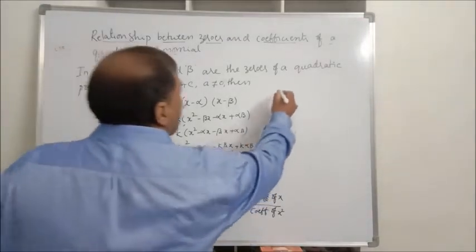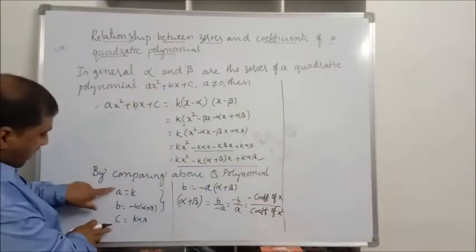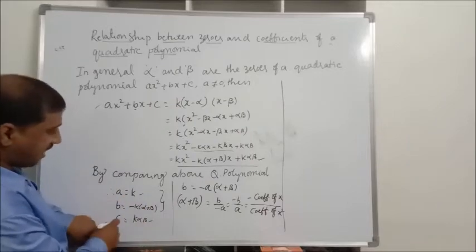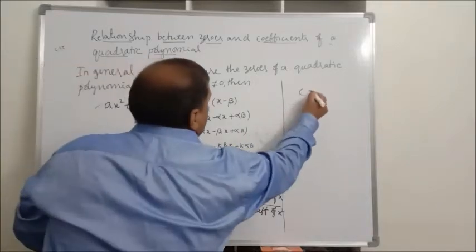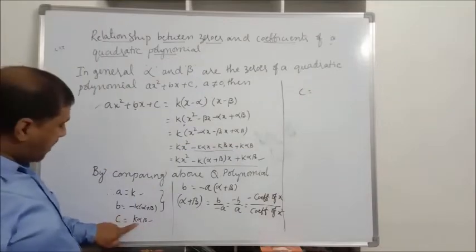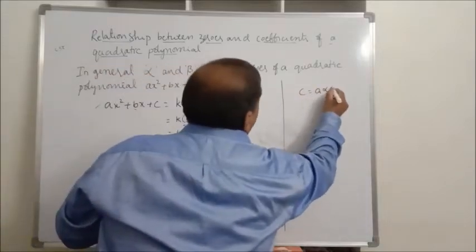So similarly we can write for the product. Now if we compare a and c, we can write c is equal to k into alpha into beta, but k is equal to a. So we write a alpha into beta.